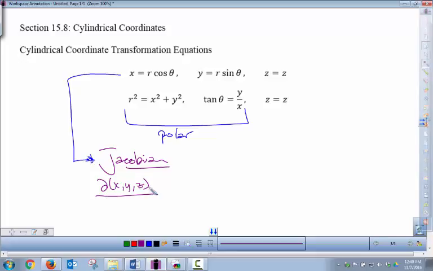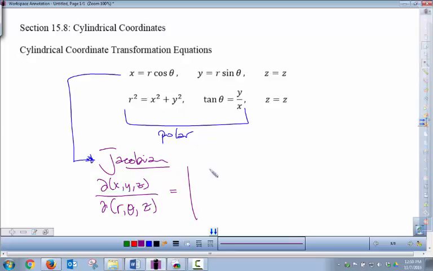So remember how we write the Jacobian: it was the partial of x, y, and z with respect to the new variables that are going to be involved. And so r and theta were what we had for polar coordinates, and then we had z is equal to z. And so I'll write out symbolically what this is going to look like.